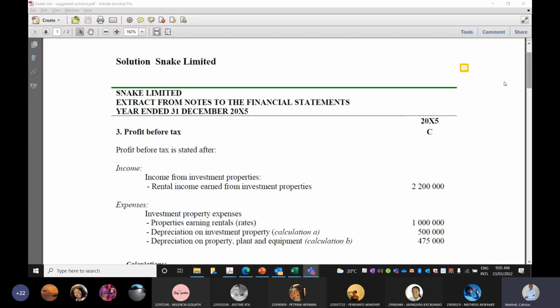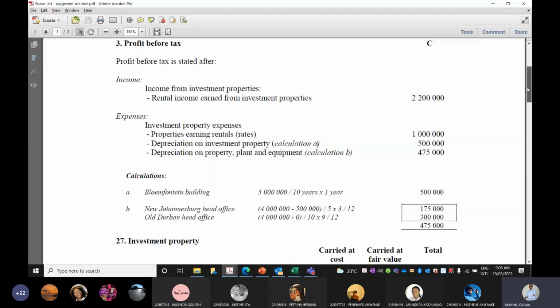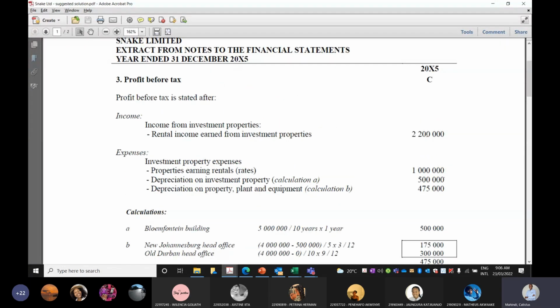The question stated you should provide the profit before tax note, and you should also provide the investment property note. Okay, so you see the profit before tax note, there are only 3 items: the rental income, the rates and then depreciation. The first 2 were given to us, so you can easily earn your marks by putting them there. But depreciation we will have to calculate.